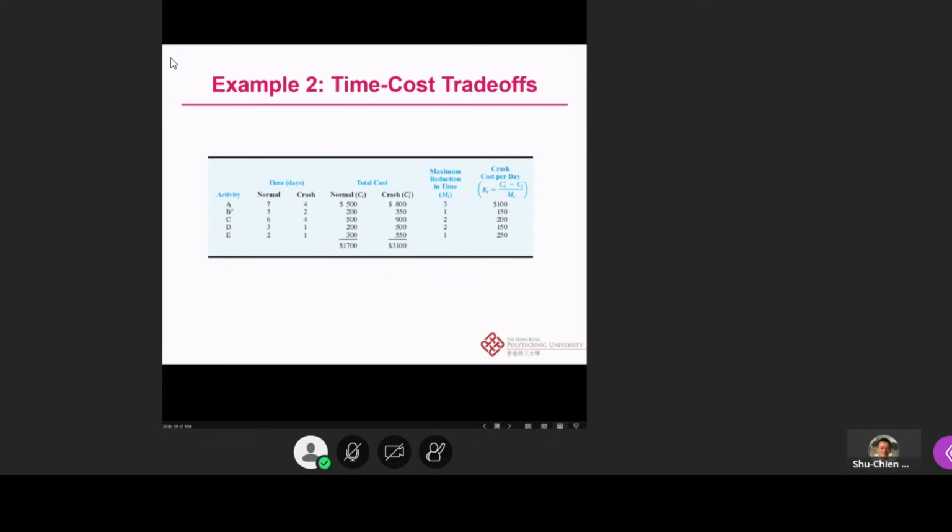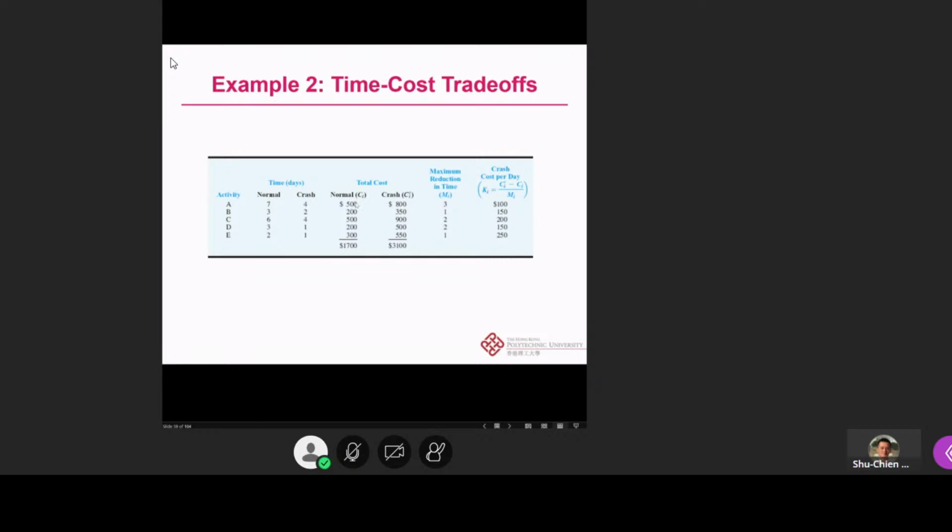For example, activity A can crash from a normal 7 days to 4 days, so the maximum reduction is 3, like 7 minus 4. If activity B has a normal time of 3 and a crash time of 2, the maximum reduction is 3 minus 2, which is 1 day. So we can calculate the slope as well.